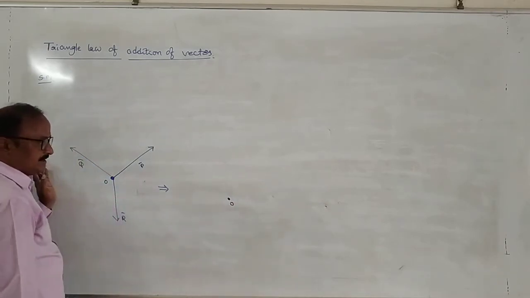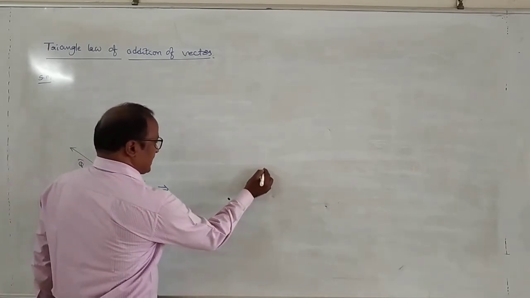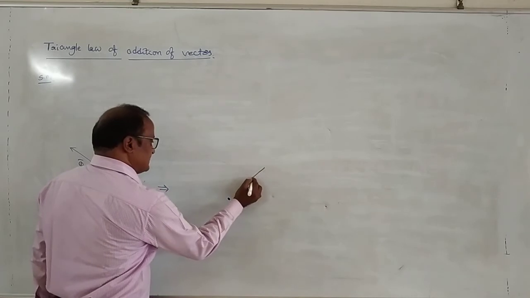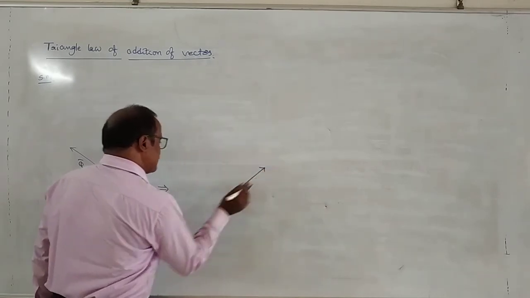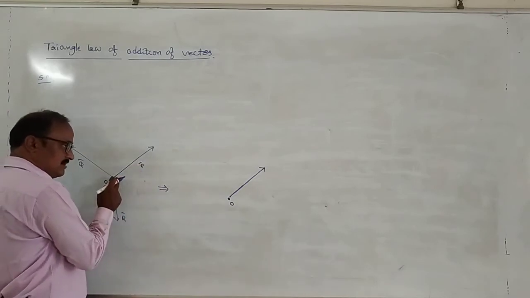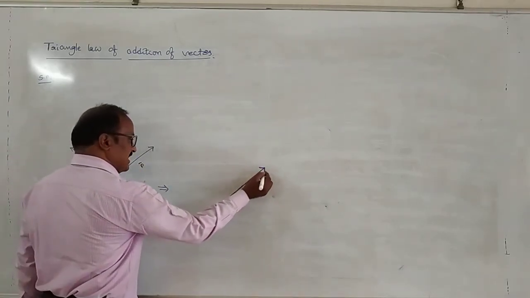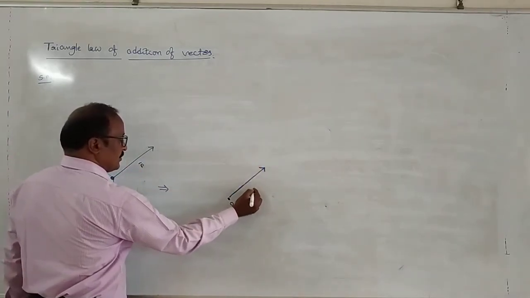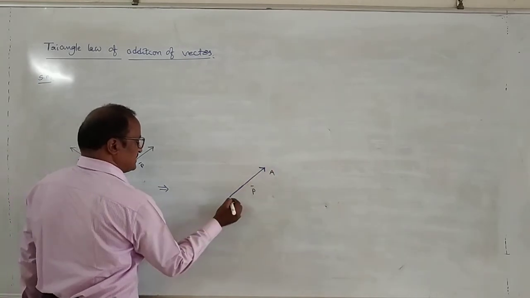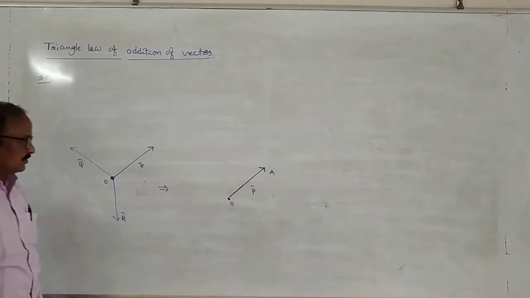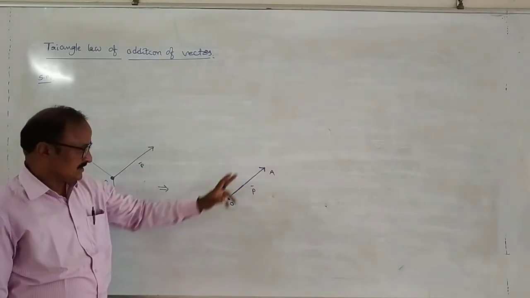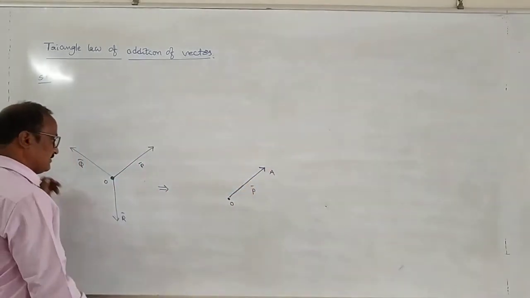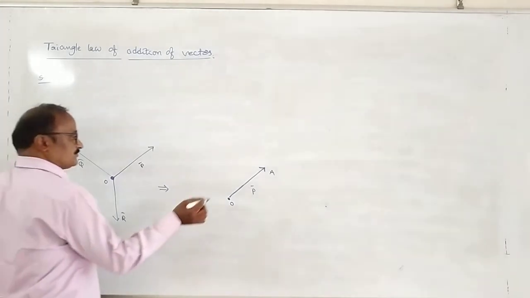Let us draw a straight line whose length is equal to the magnitude of p bar and mark the arrow at the end point. This gives the p bar. Suppose it is equal to OA. This is p bar.